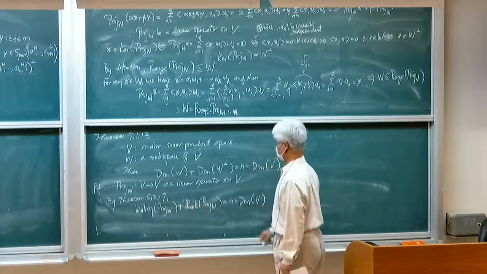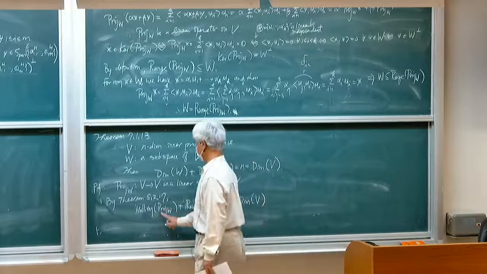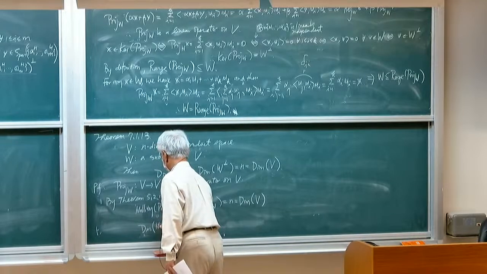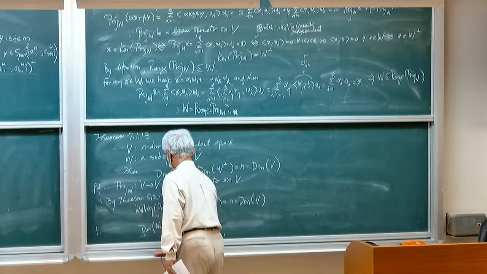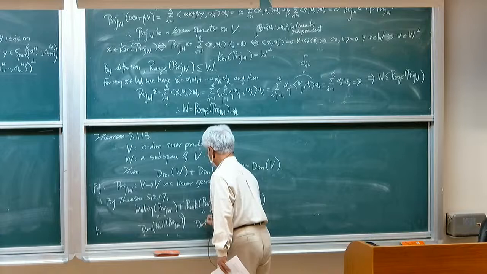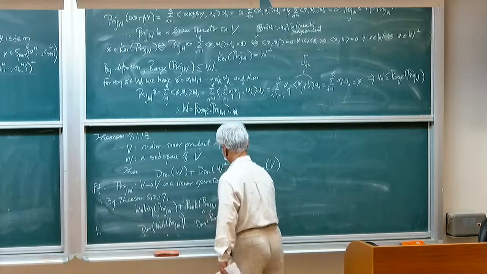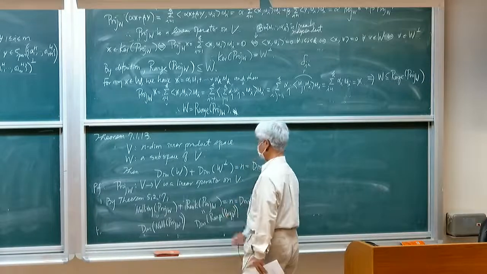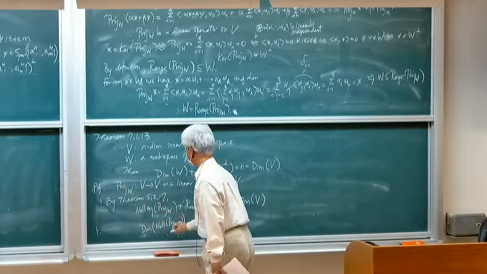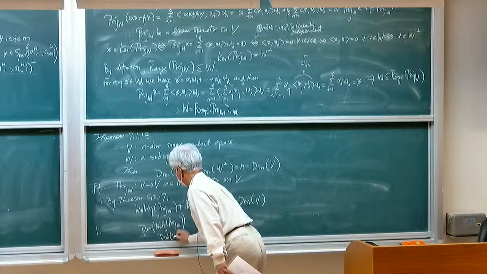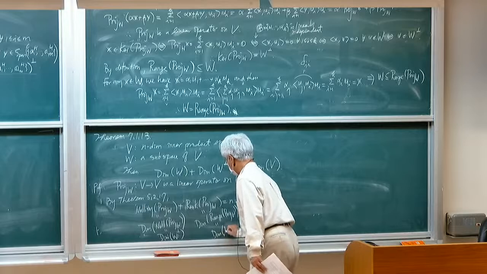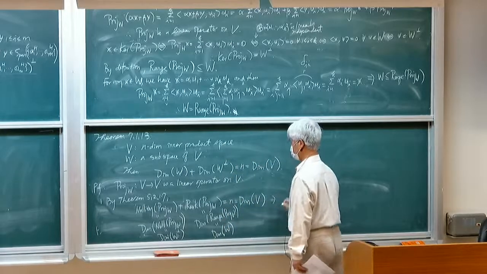The nullity is the dimension of the null space of the projection onto W, and the rank is the dimension of the range of the projection onto W. But from the previous theorem, the null space is equal to the orthogonal complement of W, and the range is equal to W itself.